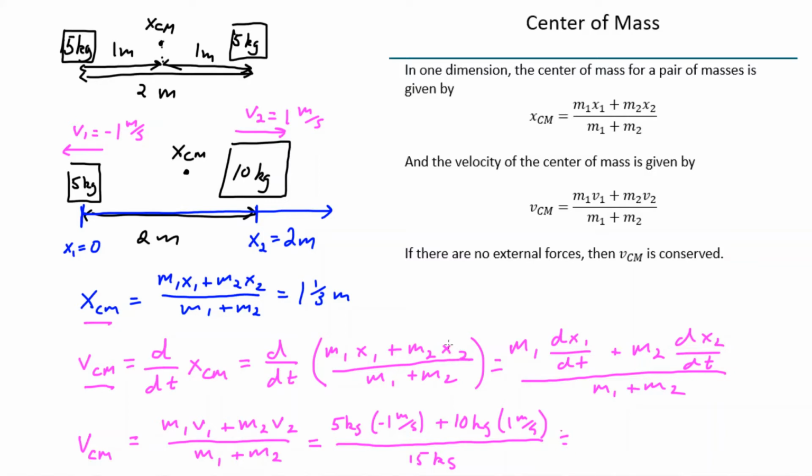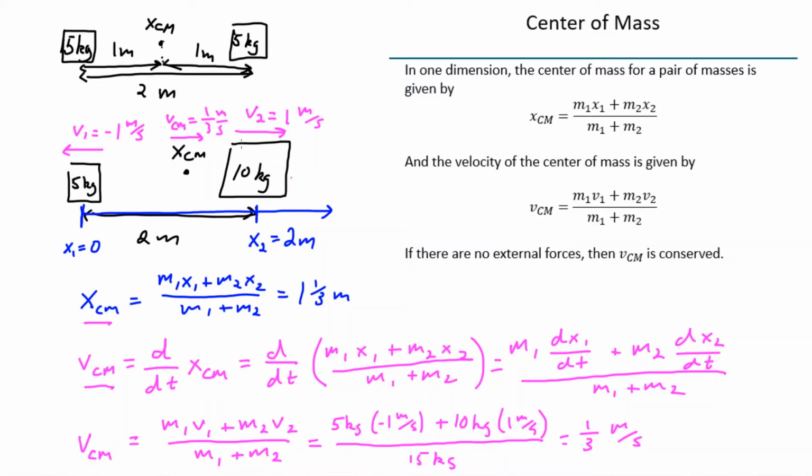If I plug this all into my calculator, I get 1/3 of a meter per second. So this position of the center of mass is moving in the positive direction. V center of mass equals 1/3 of a meter per second.